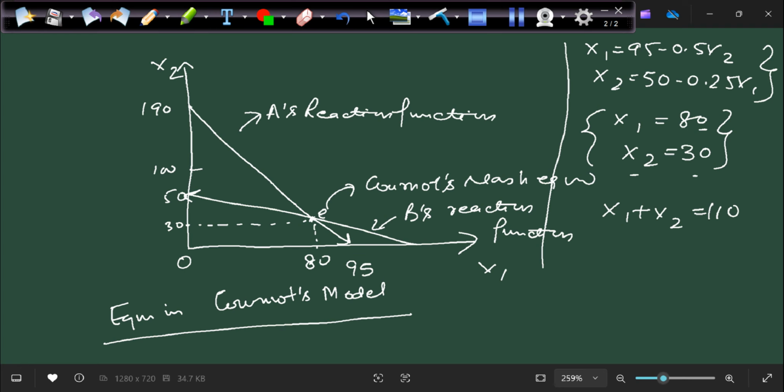This basically implies that Cournot's equilibrium is determined by the intersection of the two reaction curves. Both firms will react to each other in such a manner that this particular combination of output for both firms will be achieved.